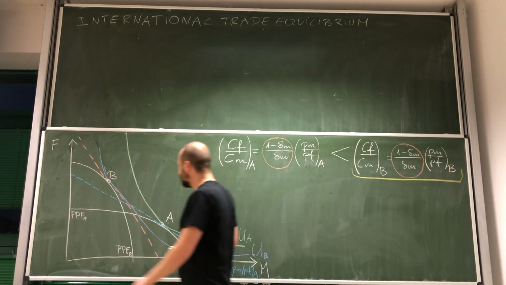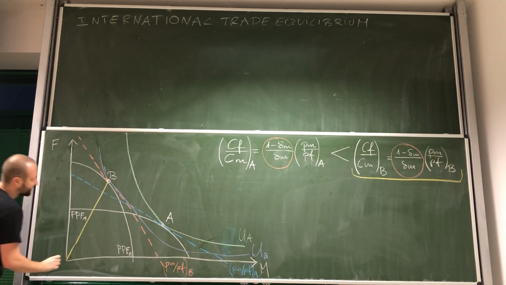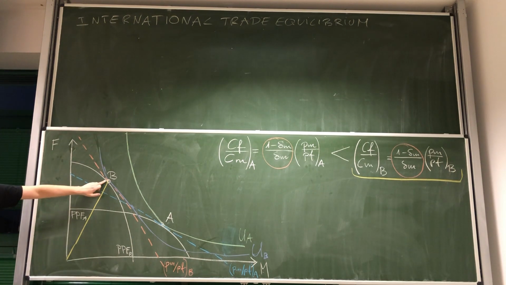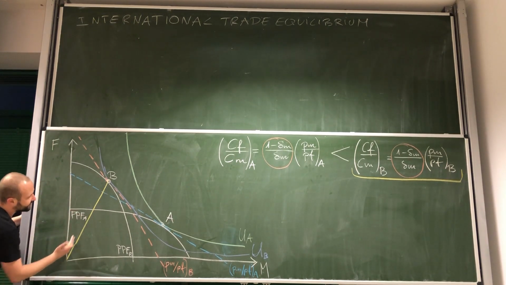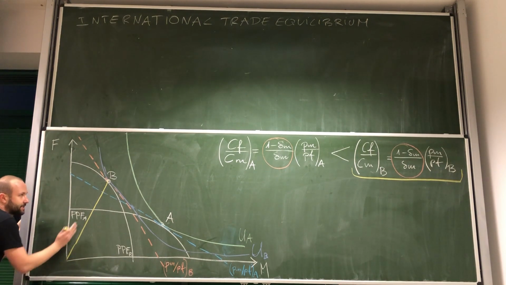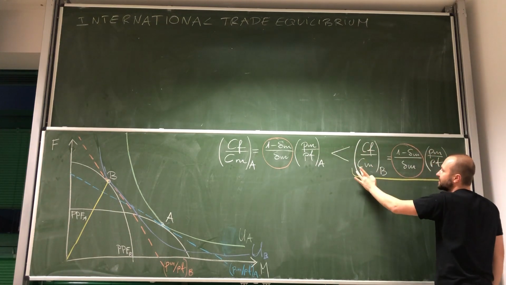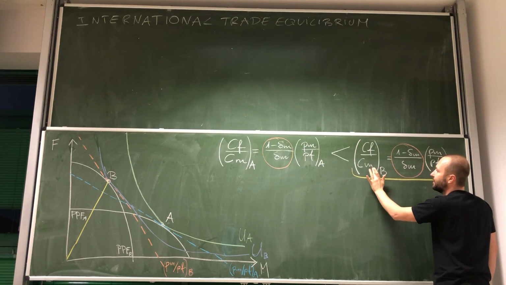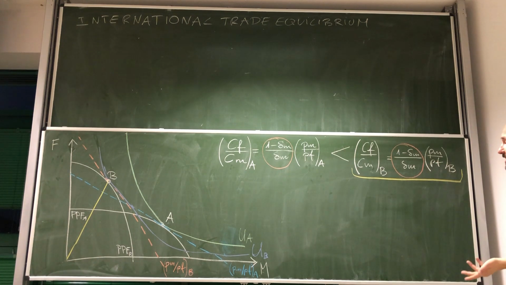And this line that you see over here that connects the origin with the equilibrium point for Bolivia has a slope equal to the ratio of consumption of food to consumption of manufacturers, right?